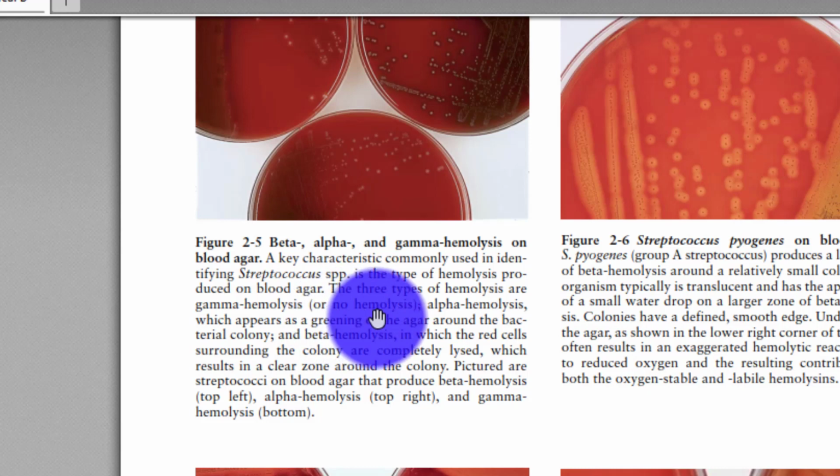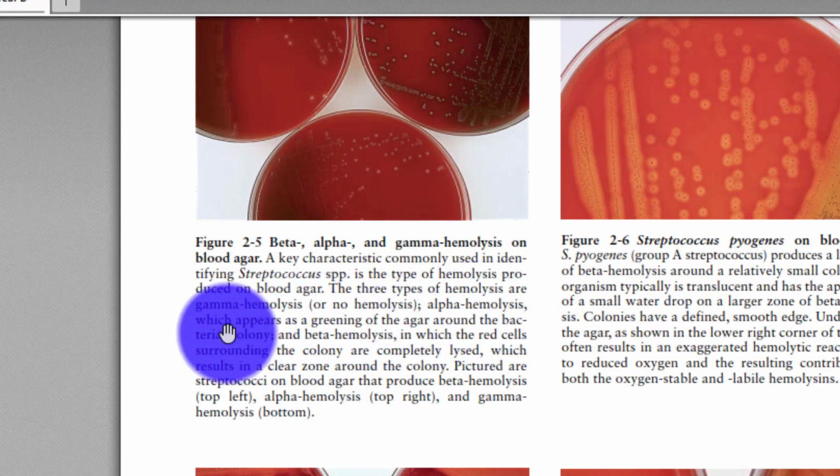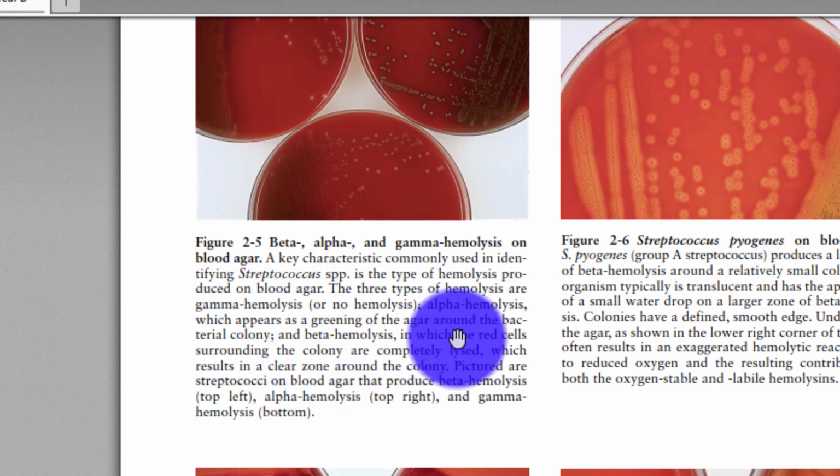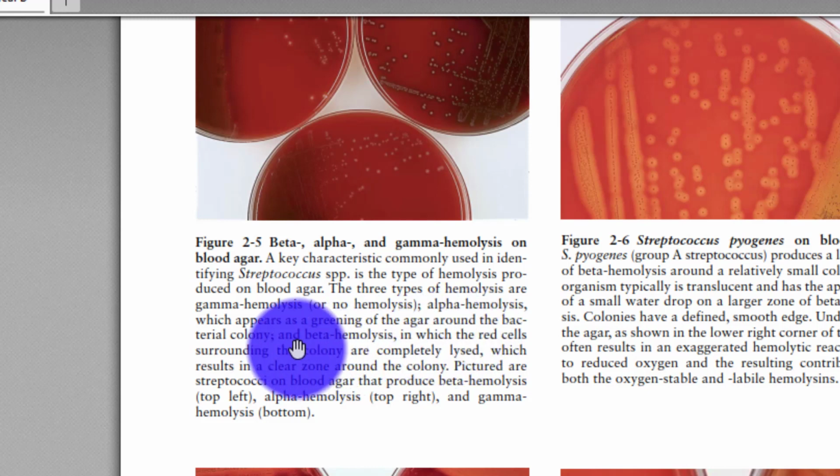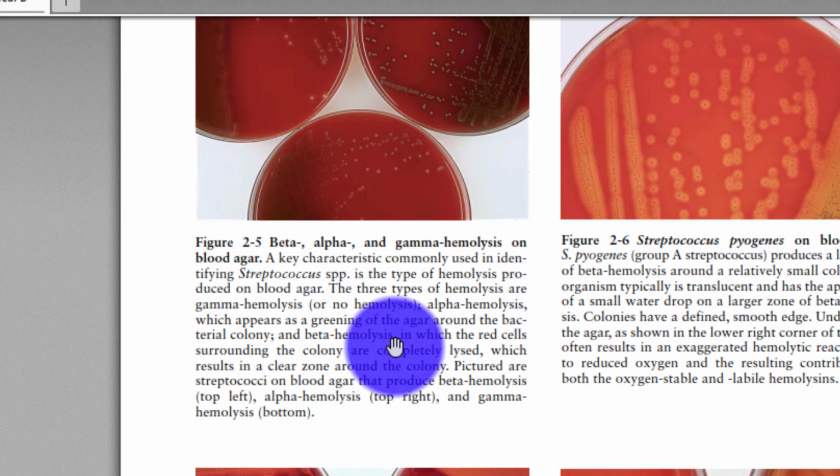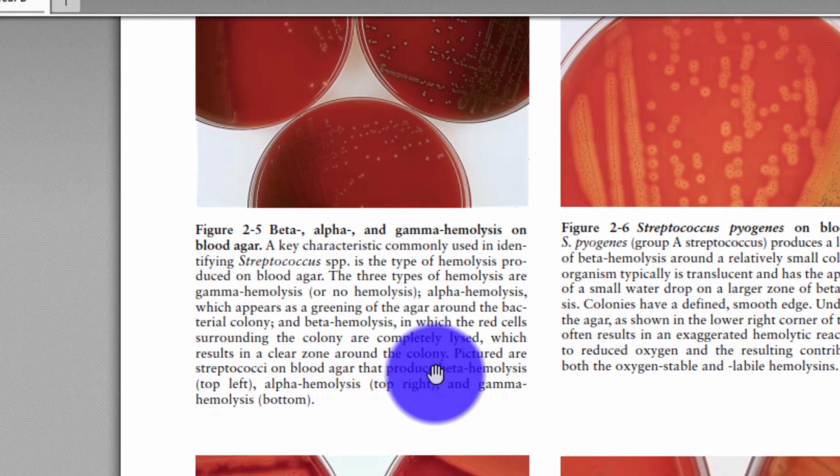The three types of hemolysis are gamma hemolysis, alpha hemolysis, which appears as a green discoloration of the agar around the bacterial colony, and beta hemolysis, in which the red cells surrounding the colony are completely lysed, which results in a clear zone around the colony.